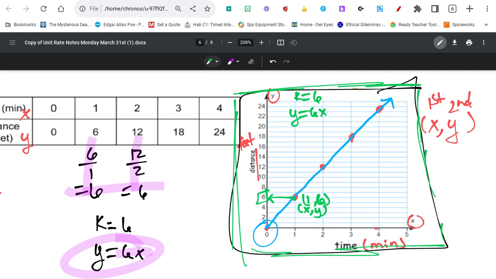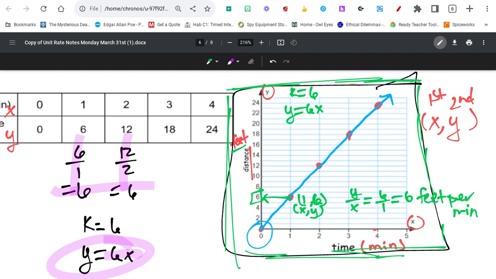So I could have taken my y and divided it by x, 6 divided by 1, and I get 6. And keep in mind, it's 6 what? Well, it's feet per minute, guys.